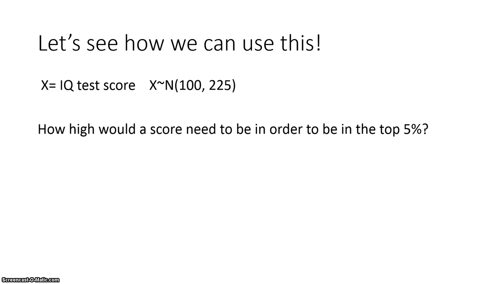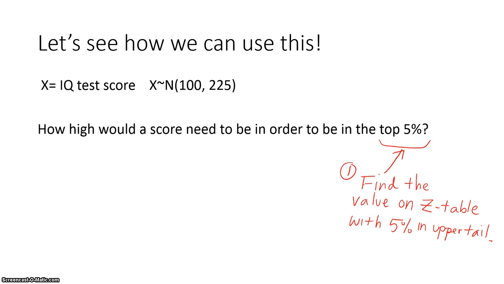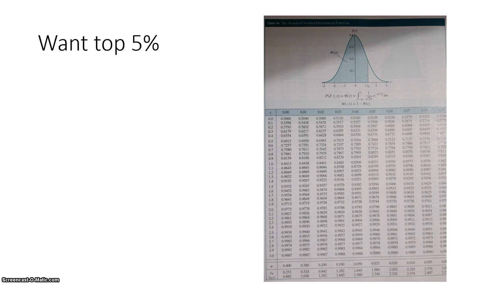Finally, let's see how we can find a percentile using another portion of the table. We already did it using the body of the table, but there is another part of the table for us to look at. I'm going to look at how high a score would need to be in order to be in the top 5%. We're going to do this by finding the value on the z-table with 5% in the upper tail. So we're going to use this portion of the table down here.